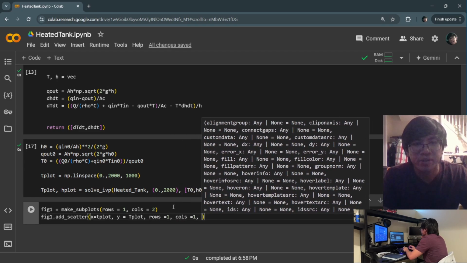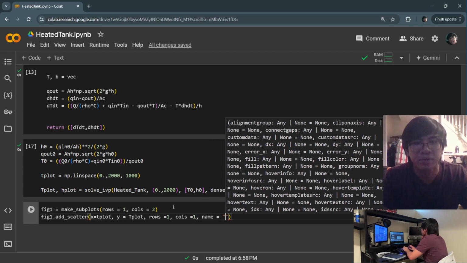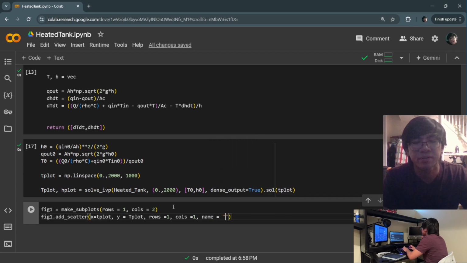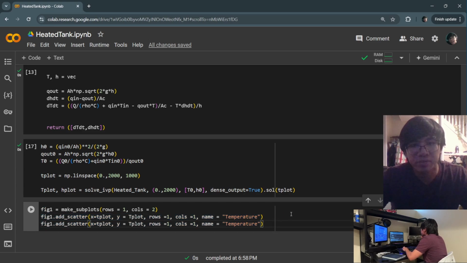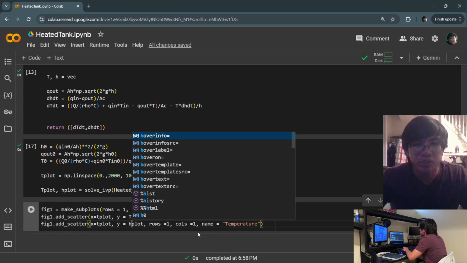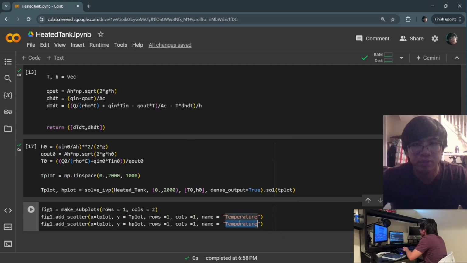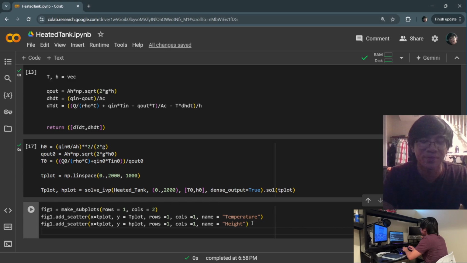Then we'll call this temperature. I'll copy that down, but change around two things. The y-axis is h plot, and this will be our height.